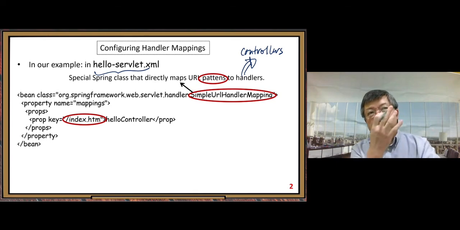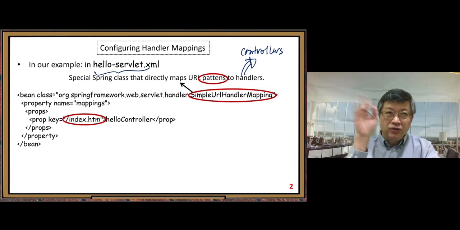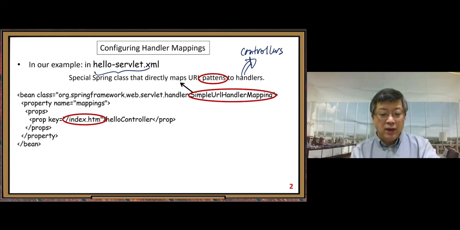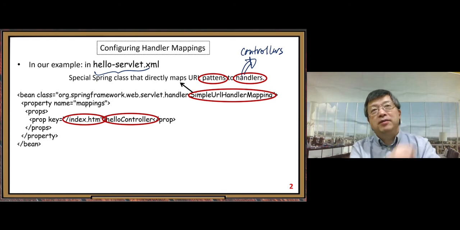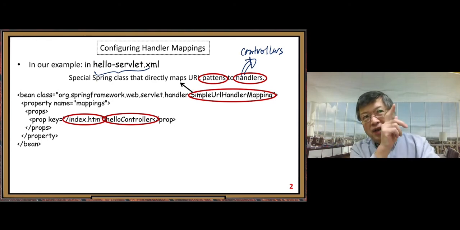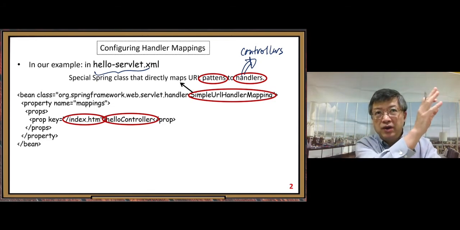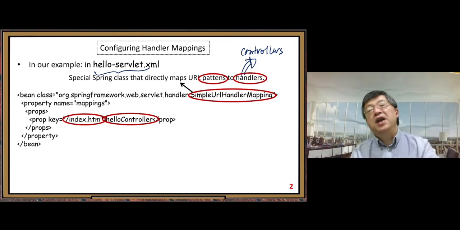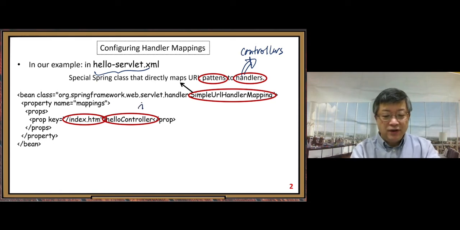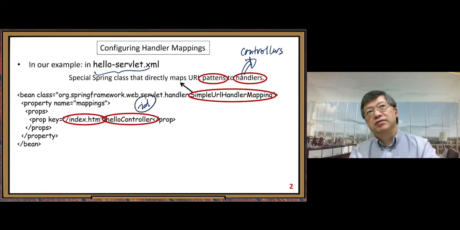That's the URL we use to call this controller, hello controller. And next, the handler part, the ID. In the previous slide, the ID of that bean was hello controller. So you connect to that hello controller, that bean ID. Here you use that.